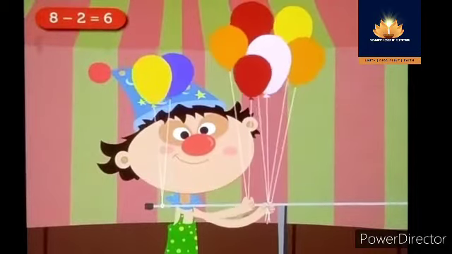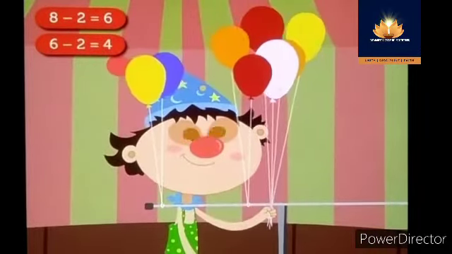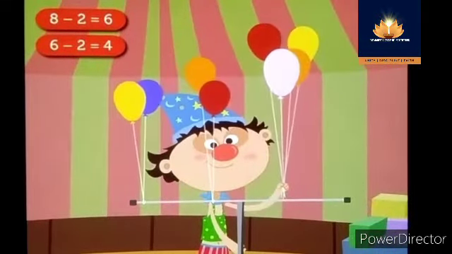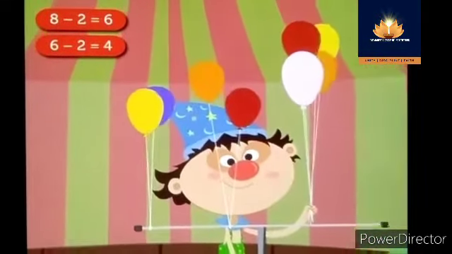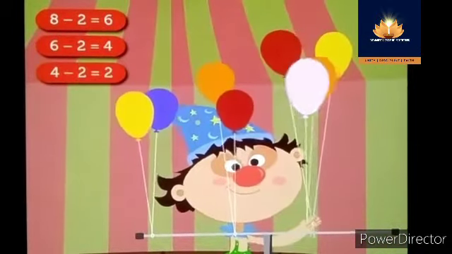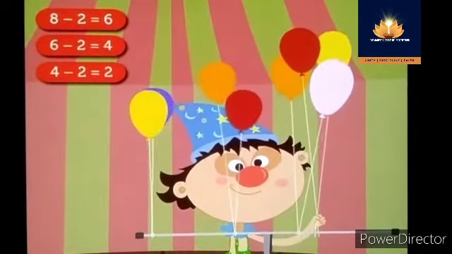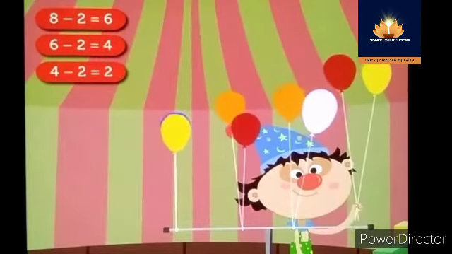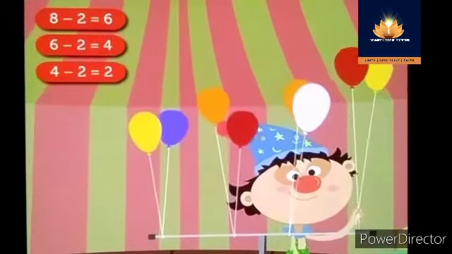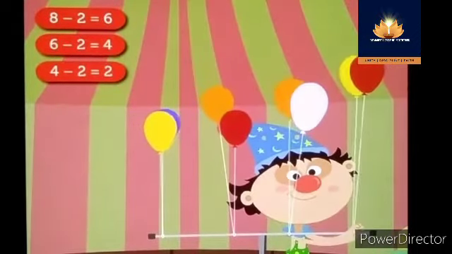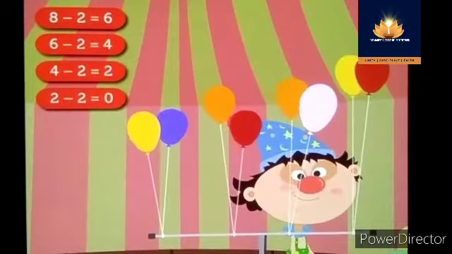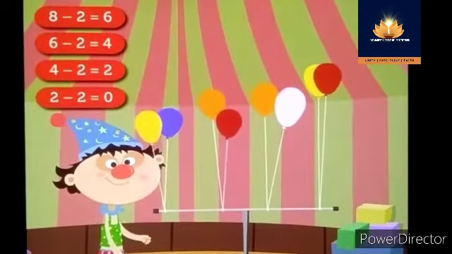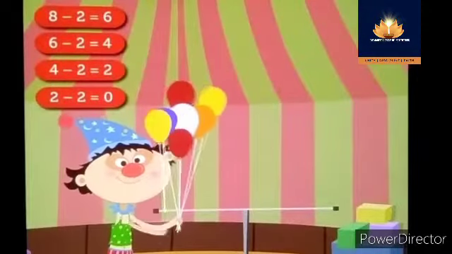Again, he ties 2 more balloons from 6. So, now he is left with 4 balloons in his hand. One more time, he ties 2 more balloons from 4. He is left with 2 balloons in his hand. Lastly, he ties 2 balloons. He is left with 0 balloons in his hand.